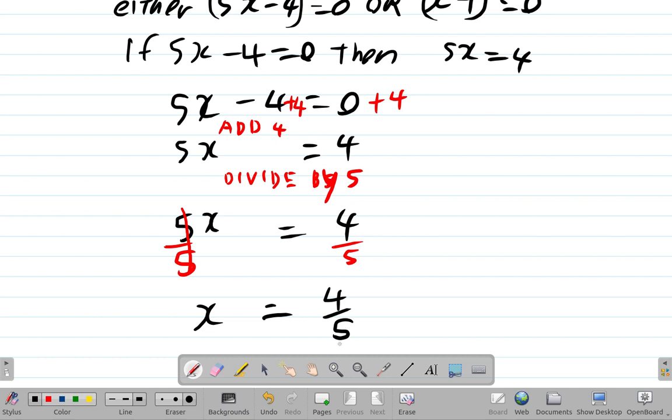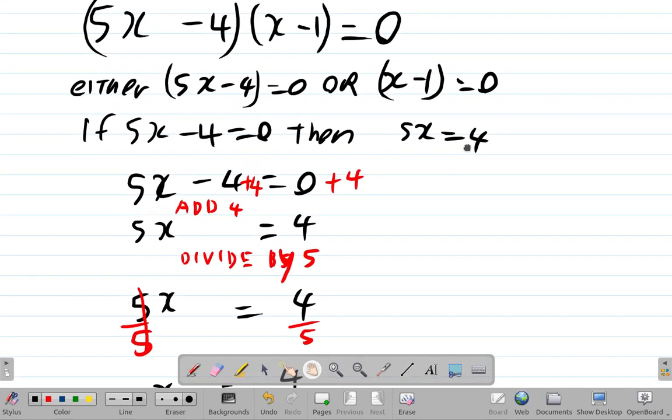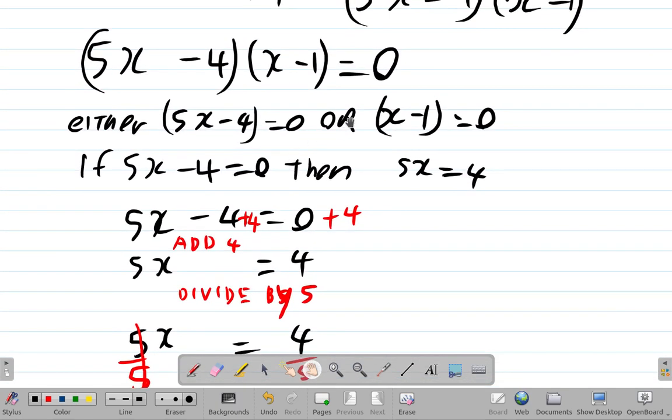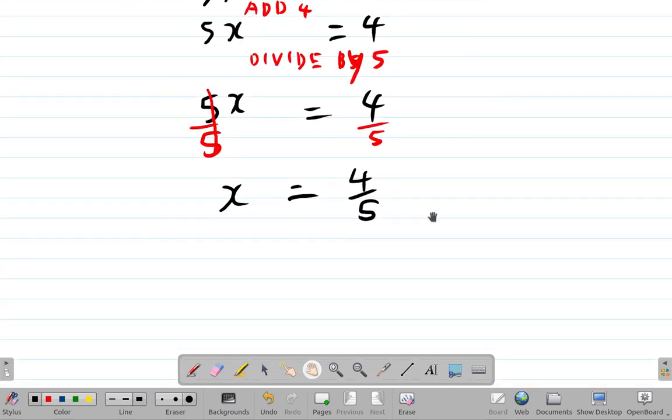Because it's a quadratic equation, you're going to have 2 answers. And where will the other answer come from? You're going to say if x minus 1 is 0. So, if x minus 1 equals 0, then what would x be? What minus 1 gives 0? 1, of course.